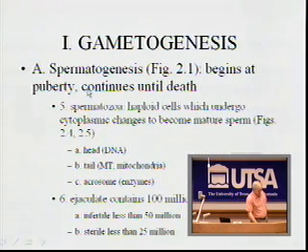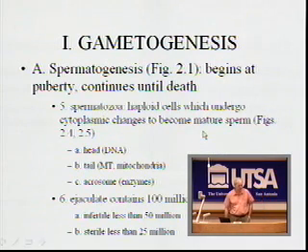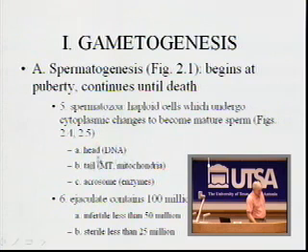The spermatogenesis continuing. The spermatozoa, the haploid cells, undergo the cytoplasmic changes to become the mature sperm, the spermiogenesis. So the head contains the DNA, the tail, it was centerpiece, wasn't it? That was the term where the mitochondria was located in the tail. The centrioles just at the neck, if you will, and the mitochondria are there as well.